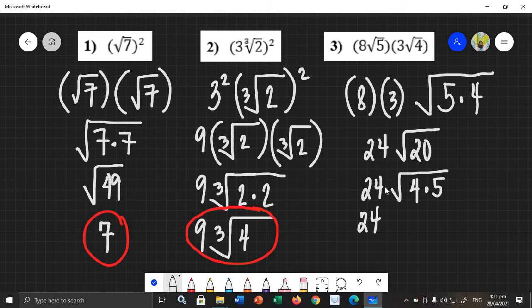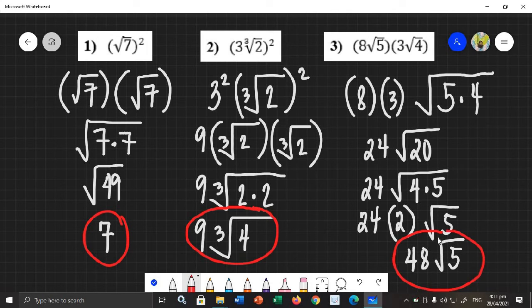We need to multiply 2 to the numerical coefficient, which is 24, and then just rewrite square root of 5. Here, 24 times 2 is 48. So the product for example number 3 is 48 square root of 5.